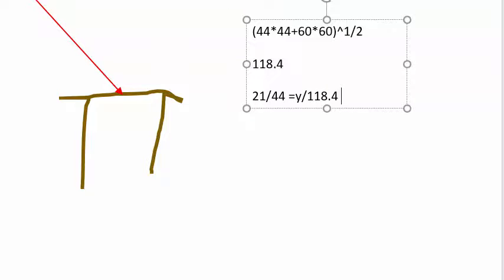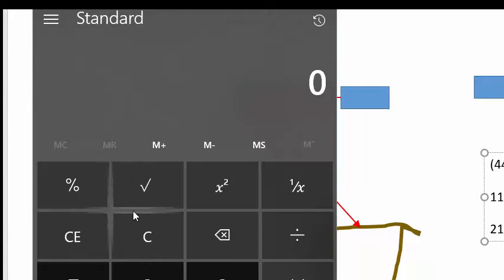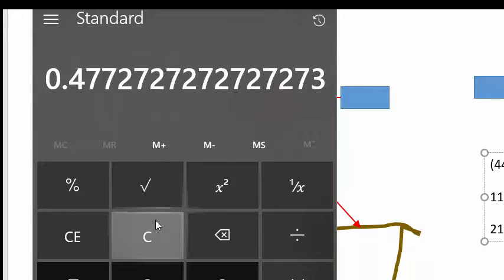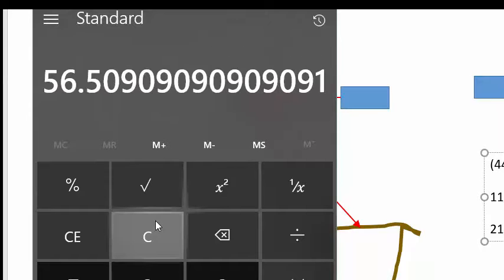So let's get our calculator back up. Let's clear it. So 21 divided by 44 is, okay, and times, okay, so 56. So 56 is going to be the shorter distance.